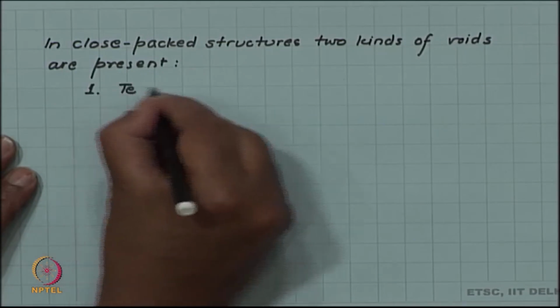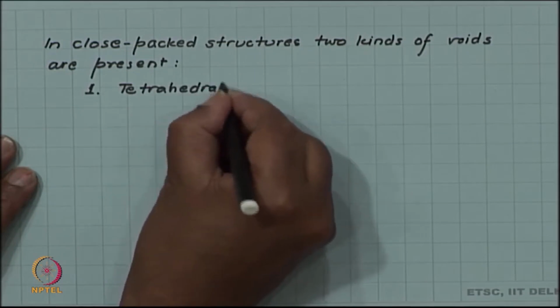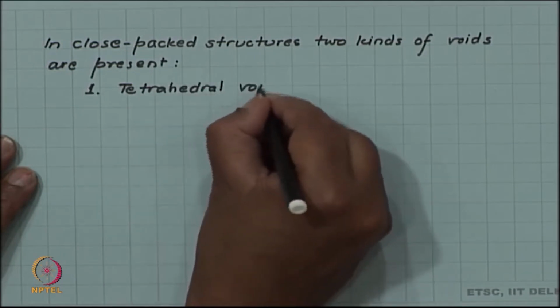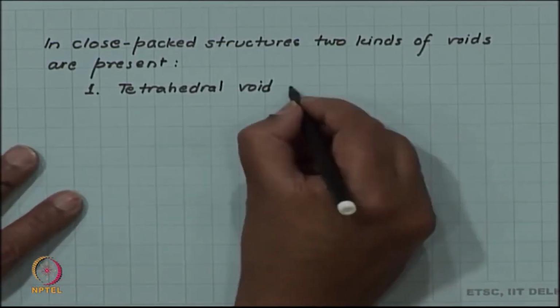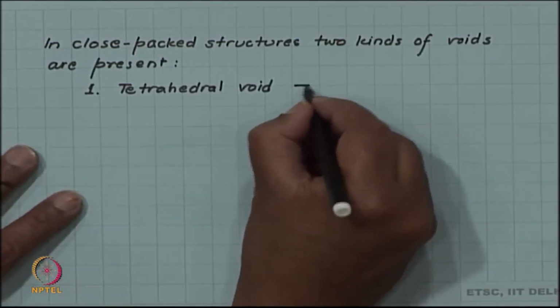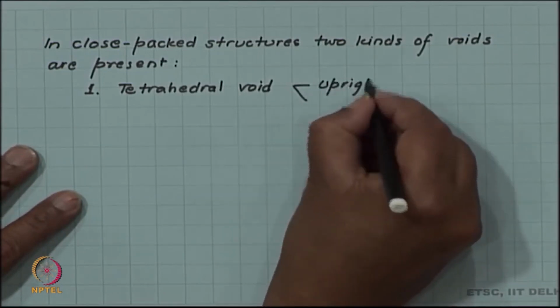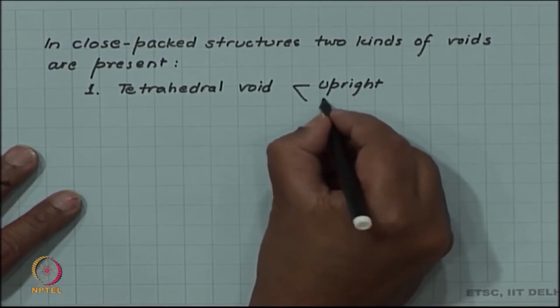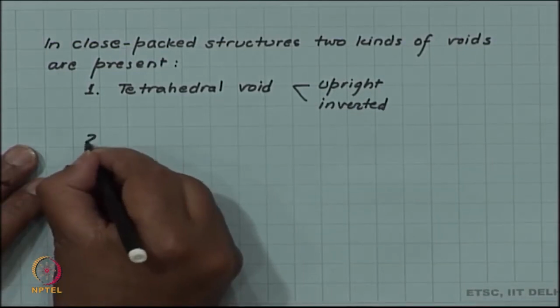One is the tetrahedral void, which comes in two orientations, upright and inverted.